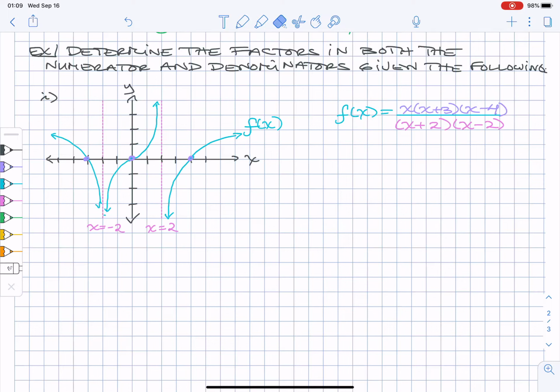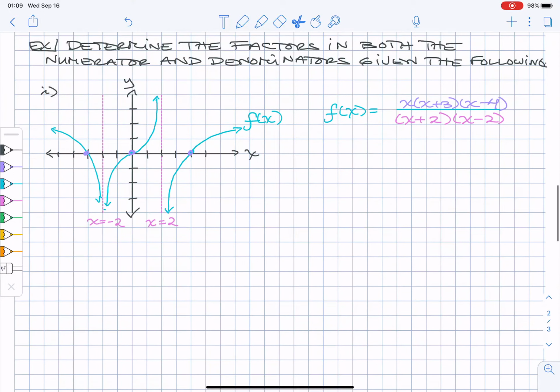Now, there could be a constant multiple times this, maybe 5 or 17 or 19/5. So the way we take care of that is we say times some k, where k is some real number.